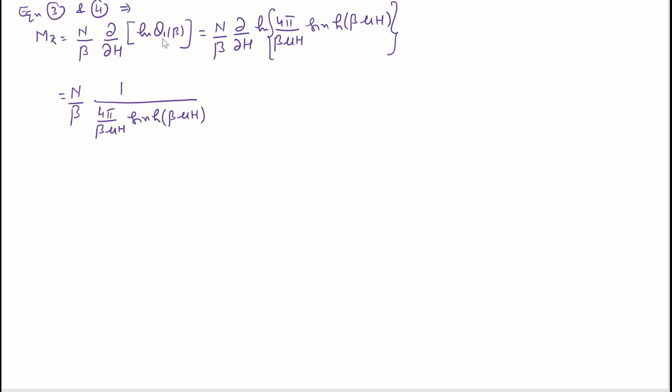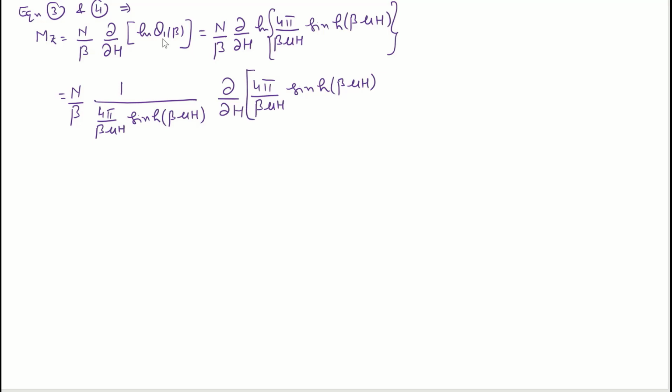Okay, and then again curly h of 4 pi upon beta mu h sine hyperbolic beta mu h.